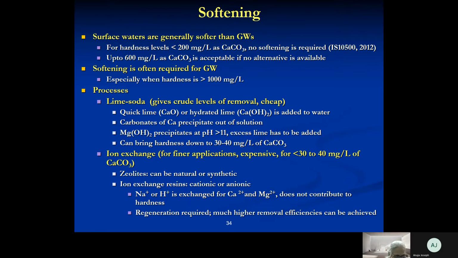These zeolites can be natural, they can be artificial or synthetic resins. All that is possible. So you get very, very high removal efficiencies. You can get up to 99% or even more removal of these calcium and magnesium ions.